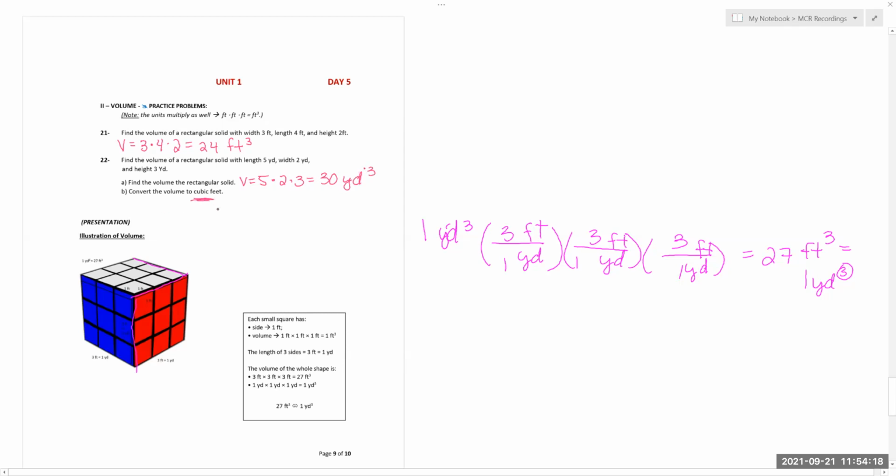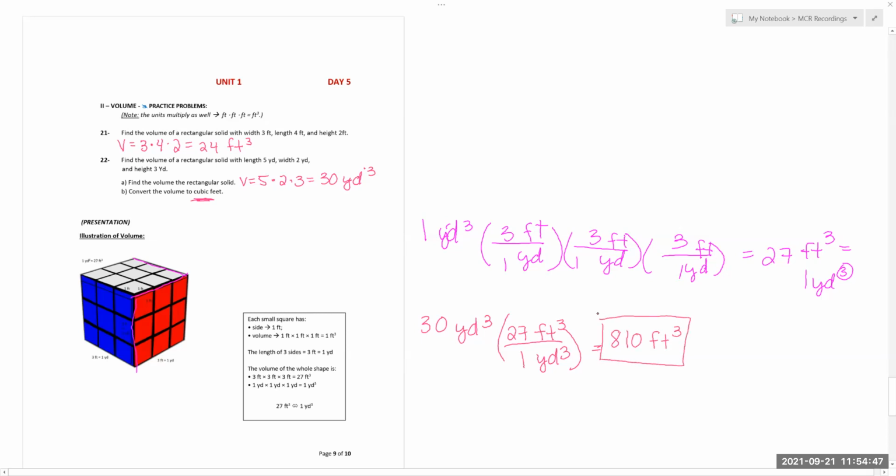But now we want to convert it to feet. So 30 yards cubed. Since I did the conversion up here, I'm going to jump to it. There's 27 cubic feet in 1 cubic yard. So it's going to be 30 times 27 or 810 feet cubed. And there we go.